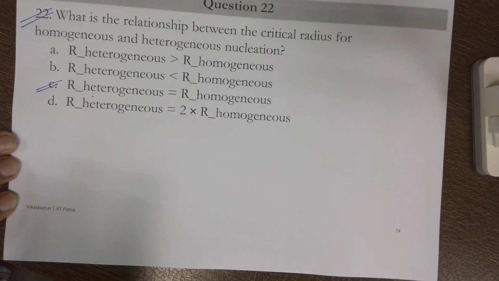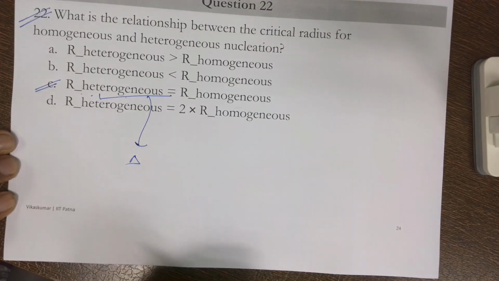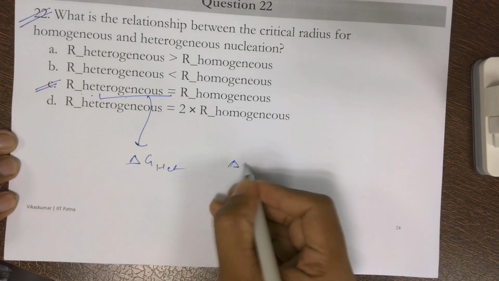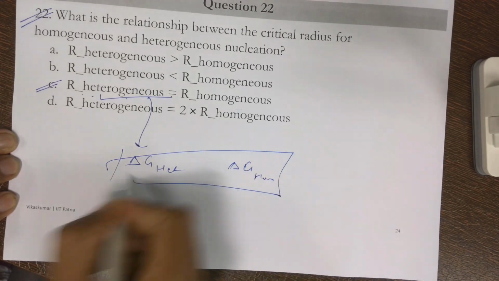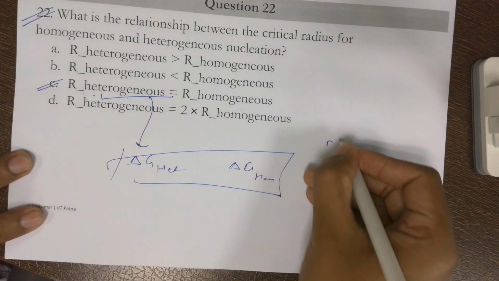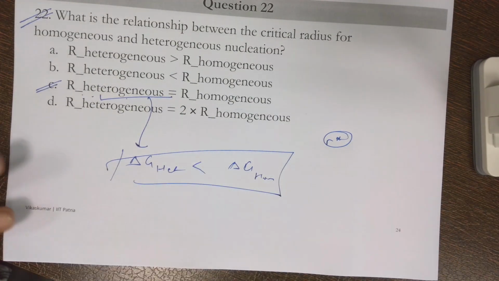It's just that for the heterogeneous, the driving force will be less. Delta G will be less than the homogeneous. For the same critical radii to form R star, it will be like this.